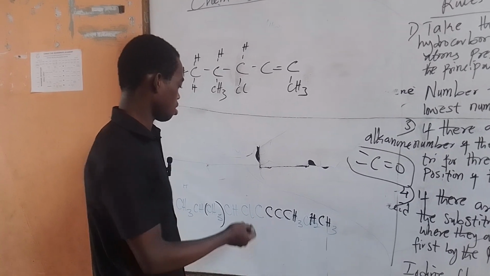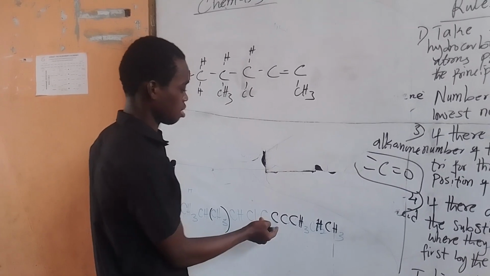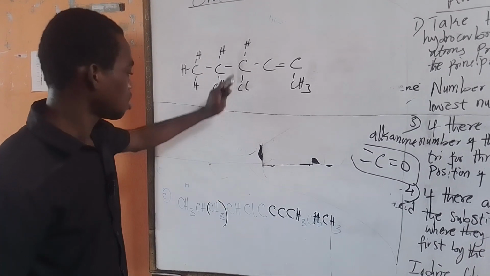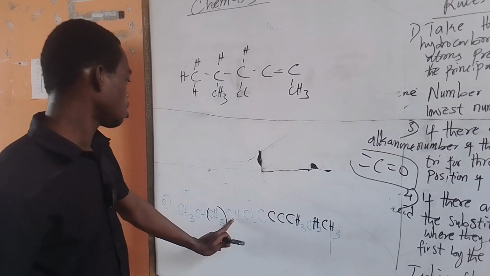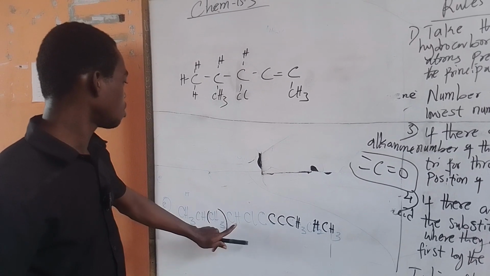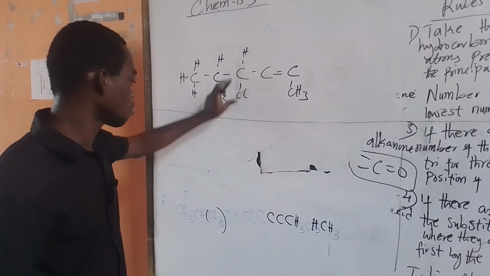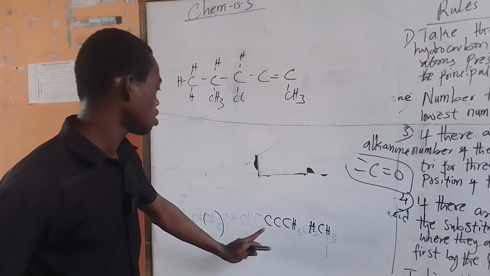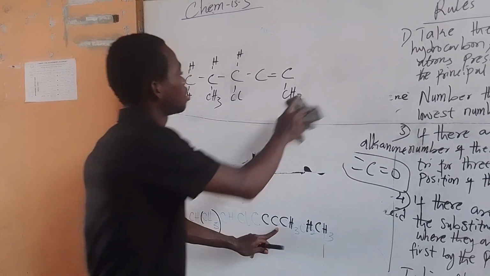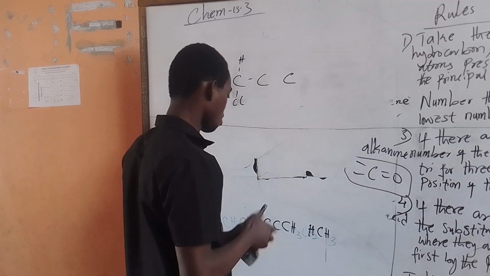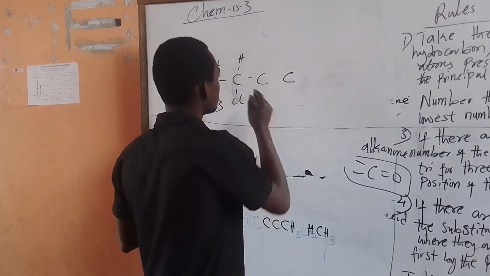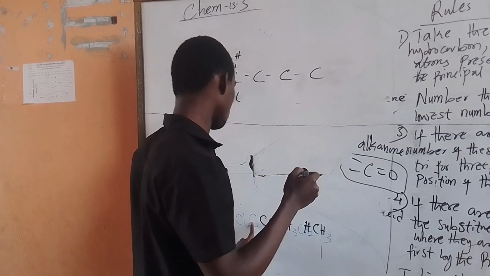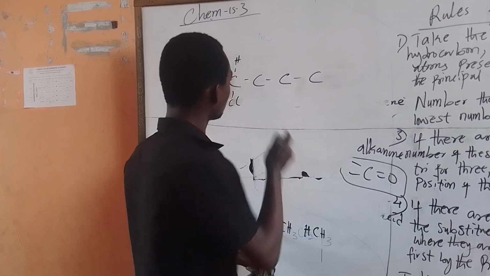Then Cl, C, C. After the Cl, this C. Then we have C, C, C, C, C. So that's 1, 2, 3, and 1, 2, 3.